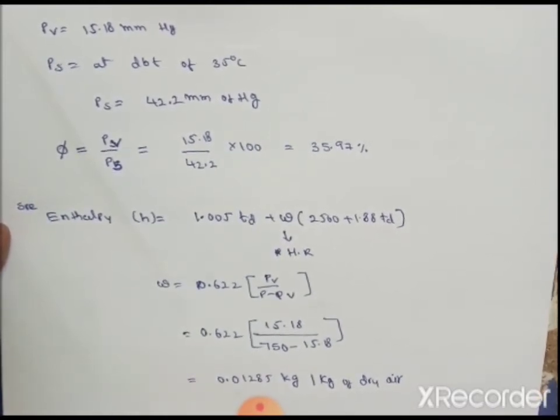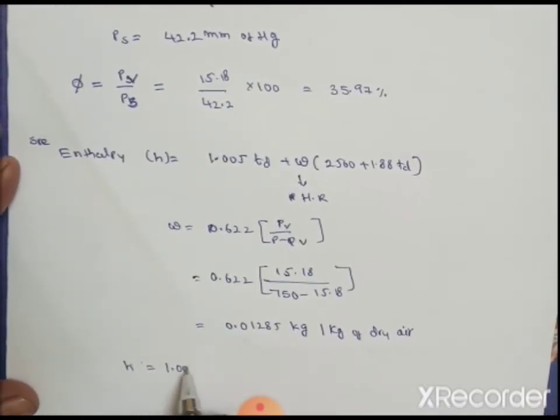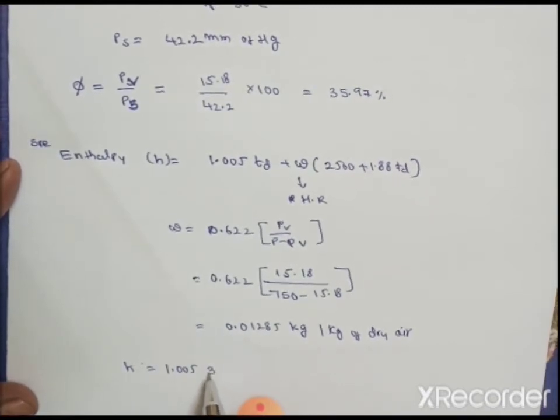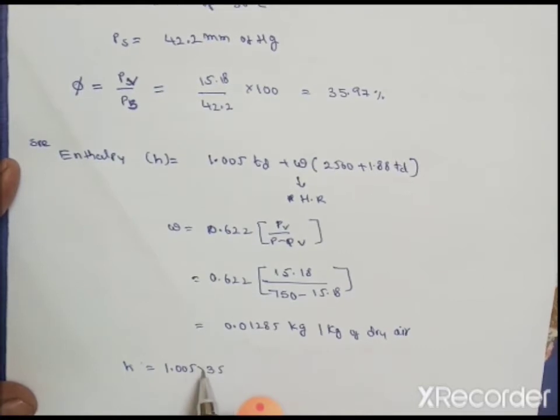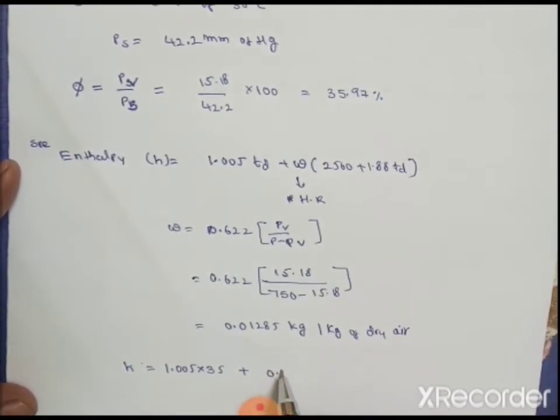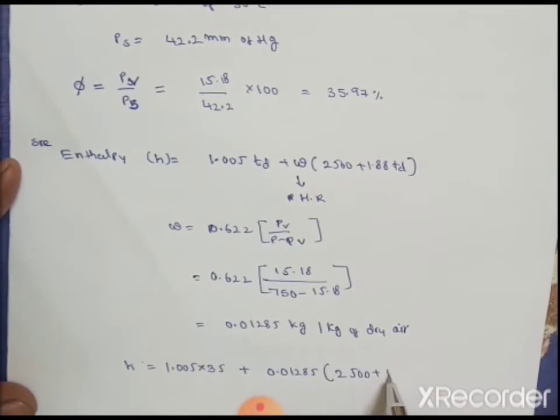So now substitute this value in the enthalpy. Enthalpy is equal to 1.005 times the dry bulb temperature. What is the dry bulb temperature?